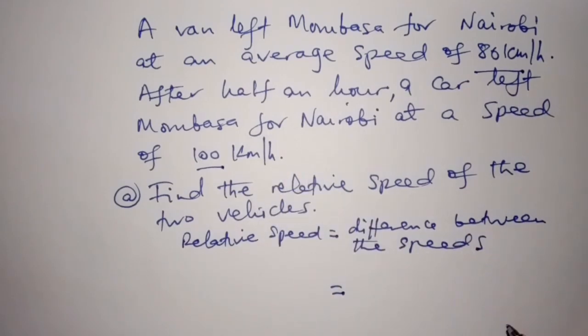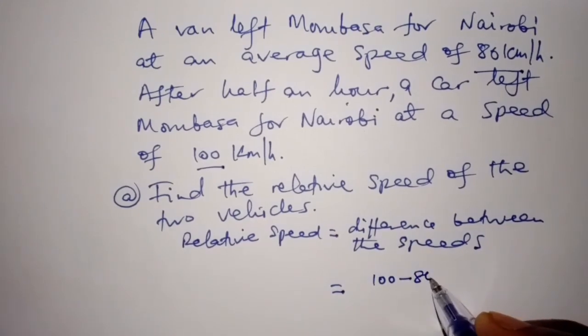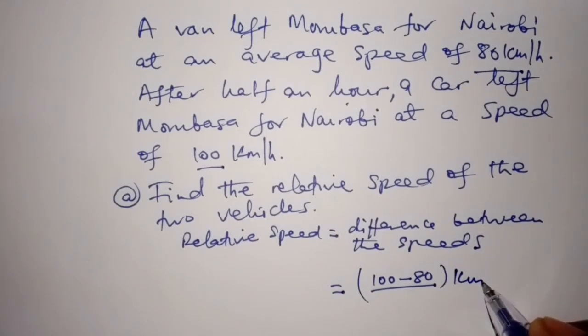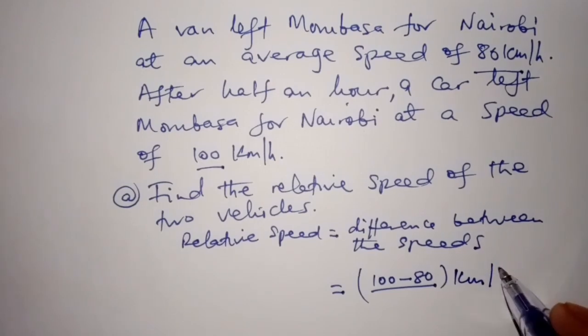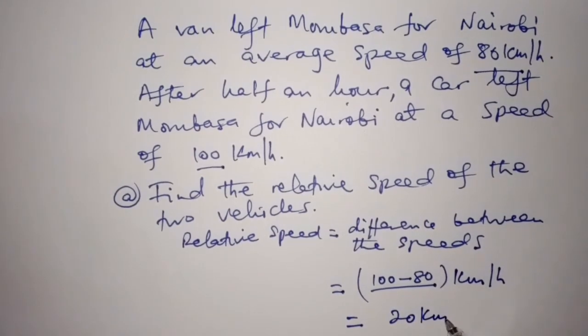So the difference between the speeds is 100 minus 80 km per hour, and that is giving us 20 km per hour.